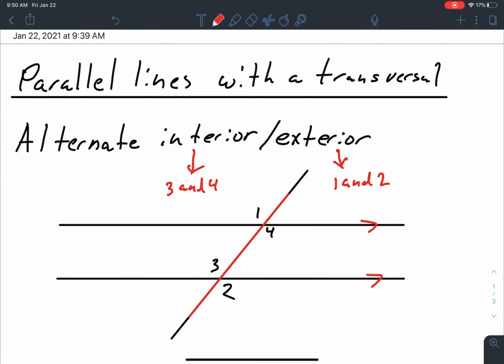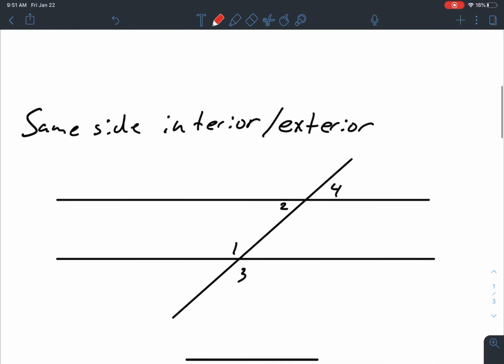These angles are the same in measurement, which means that, let's say angle 1 is equal to 110 degrees, then that means that angle 2 is also 110 degrees. Okay, so moving on. That's what alternate interior and exterior angles tell us, that these two angles are the same. And I'll show you how that'll help you later on.